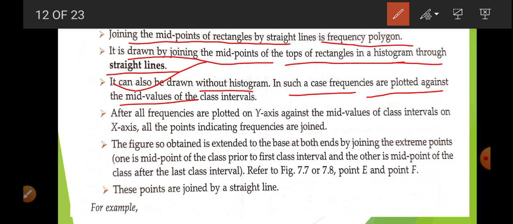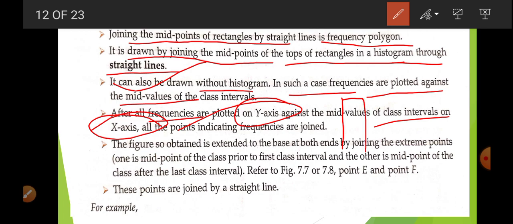Okay, all frequencies we represent on the OY axis and all class intervals on the OX axis. We have to find the midpoint of each bar, like this is your bar, just the mid, then the next bar is this one.